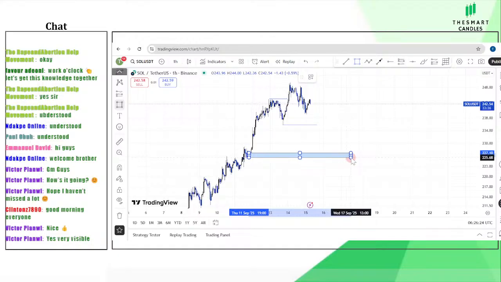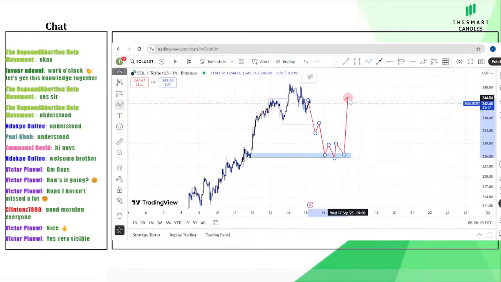We want to see price take out this inducement, give us something like this, come back into this zone, and price should be able to continue to the upside.